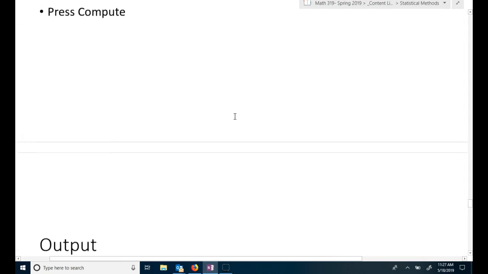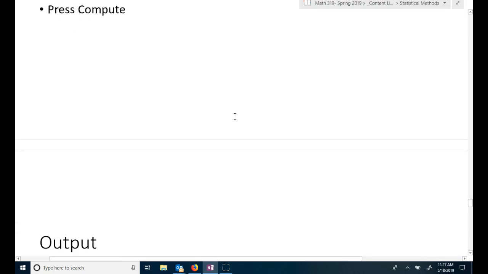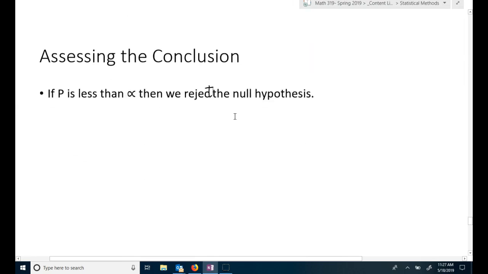So for our assisted yoga, we did have a big enough distribution. Okay. We calculated our p-value of p less than 0.0001. Right. We got our assessment, and we assessed our conclusion.